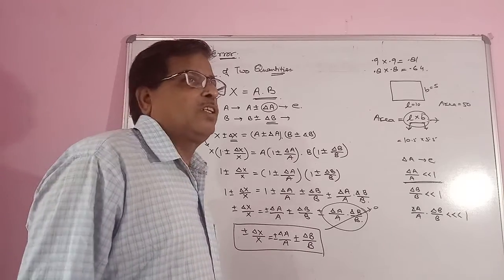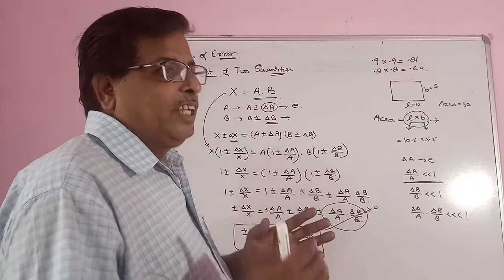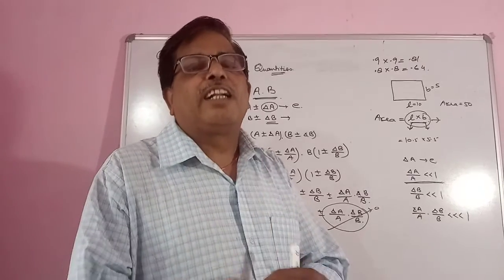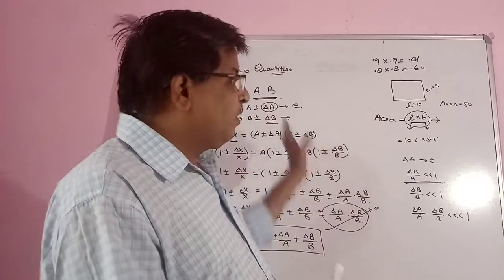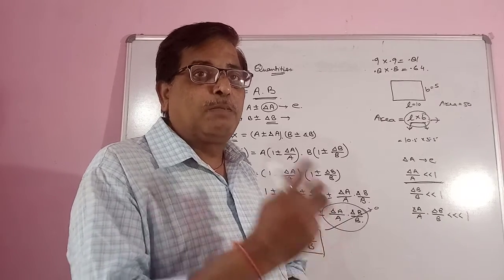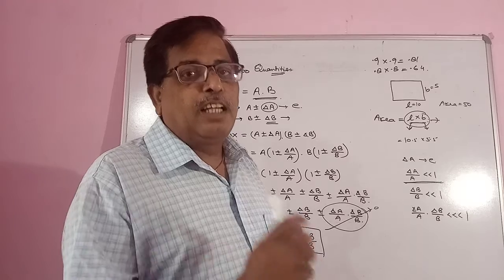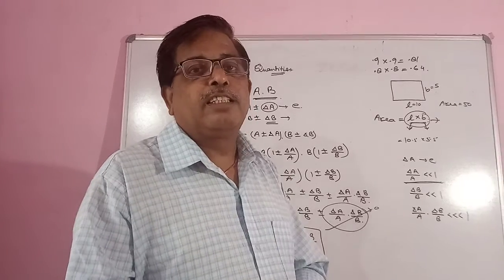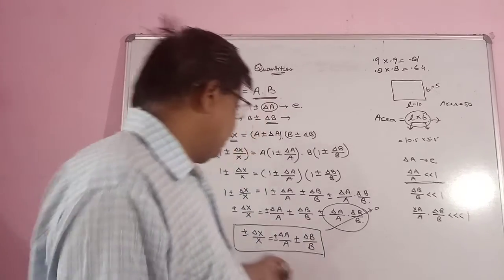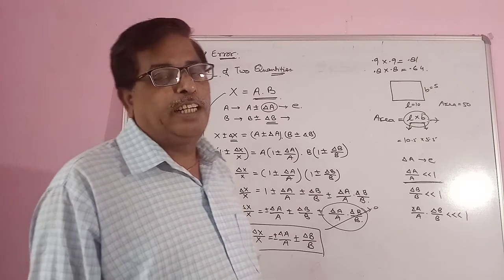So in case of product, relative errors are added. In case of summation or subtraction, addition or subtraction, the absolute errors are added. But in case of products, relative errors are added.